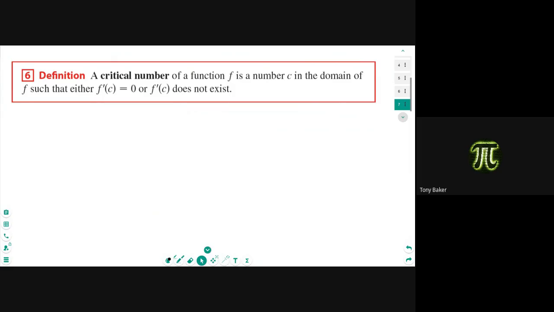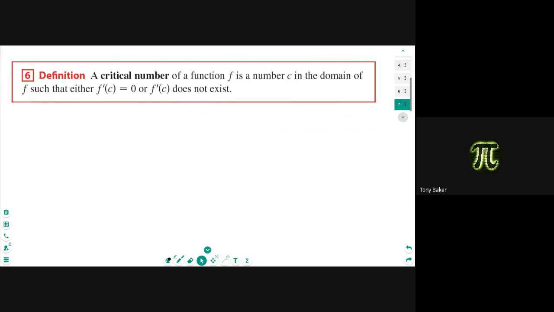A critical number is a number in the domain of f such that either the derivative equals zero or the derivative does not exist.